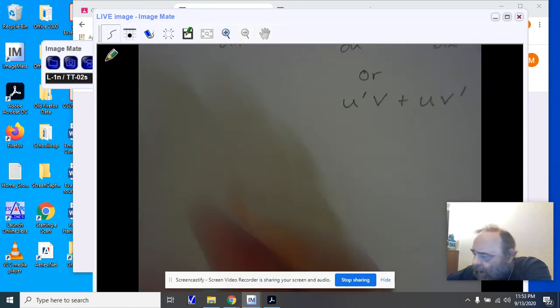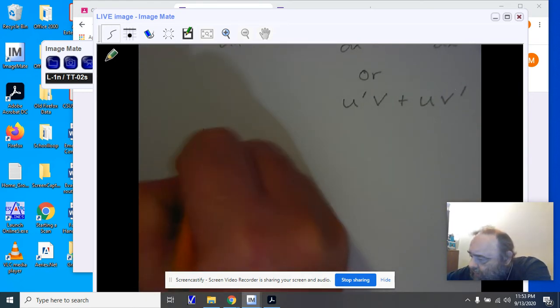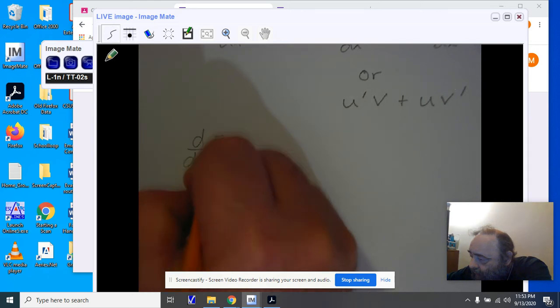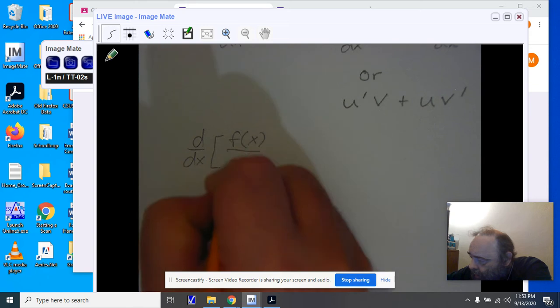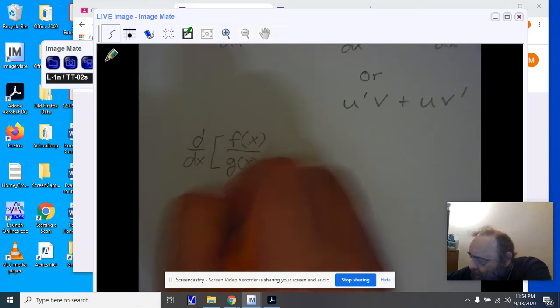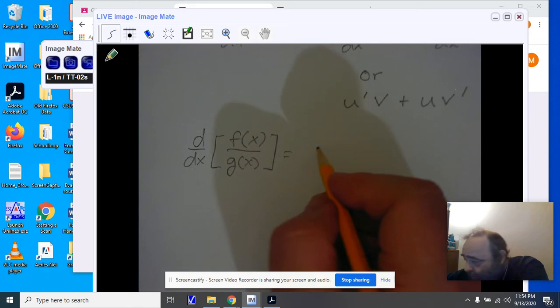But there are some derivatives that don't go quite so well, and they require us to come up with a little bit of a rhyme. So let's look at the derivative of a complex f of x over a g of x. Now, this is called the quotient rule, and I'm just going to go through it with you.